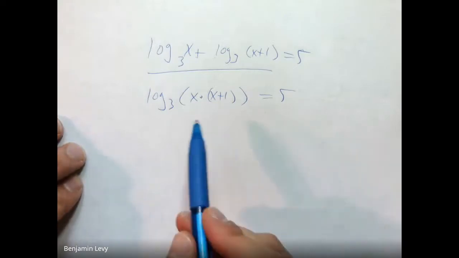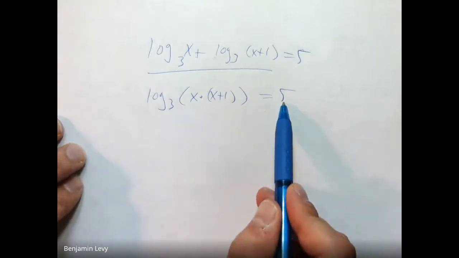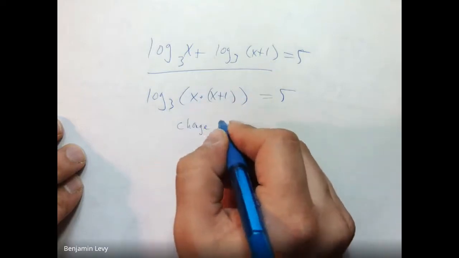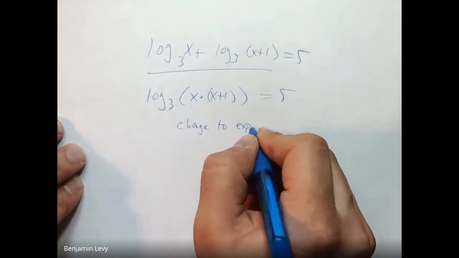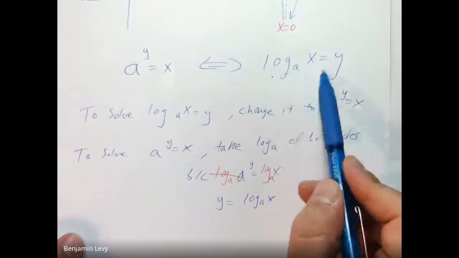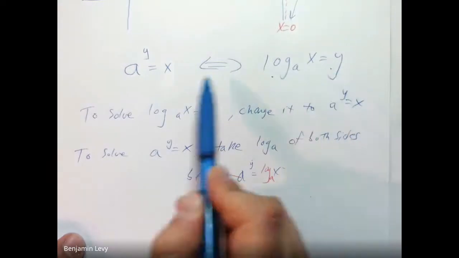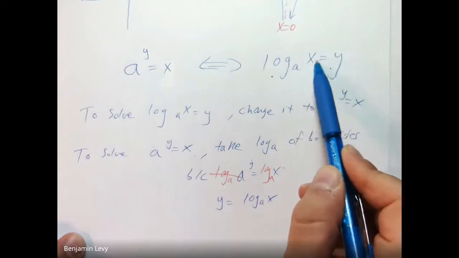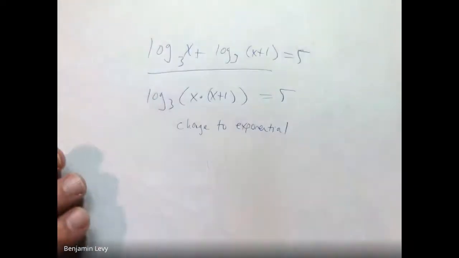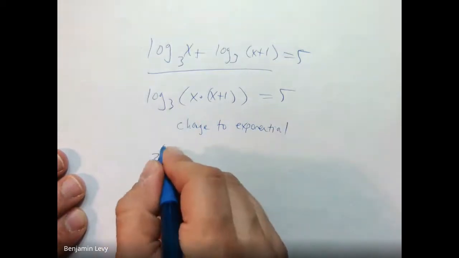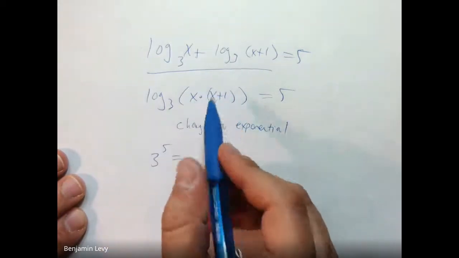And so you do 3 raised to the 5th equals what's inside there, right? So you change to exponential, like using the thing that I talked about earlier. We have something that looks like this, and so you can change it into something that looks like this, right? You do this raised to that power equals what's inside there. And so this becomes 3 to the 5th equals x times x plus 1.